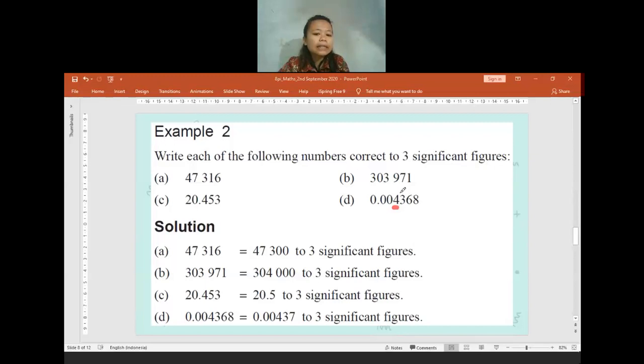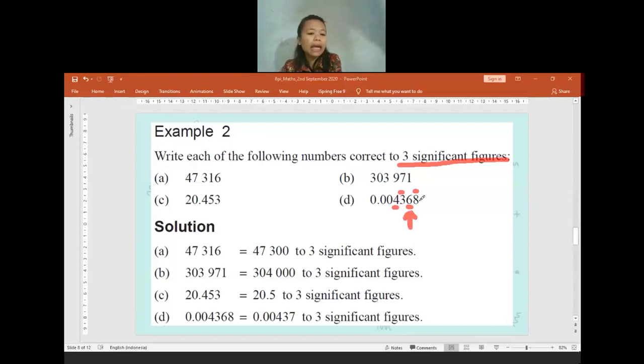This will be the second significant digit. This will be the third significant digit. The 8 will be the fourth significant digit. The question is asking to round off to the nearest 3 significant figures. Because it is 3 significant figures, we have to take the third significant digit. The third significant digit is 6.